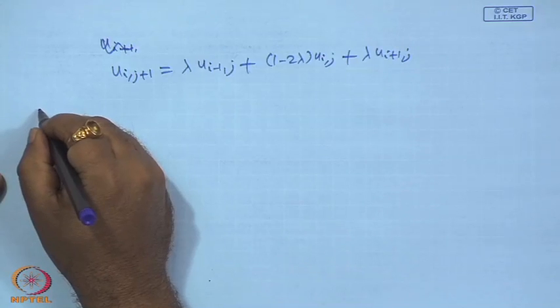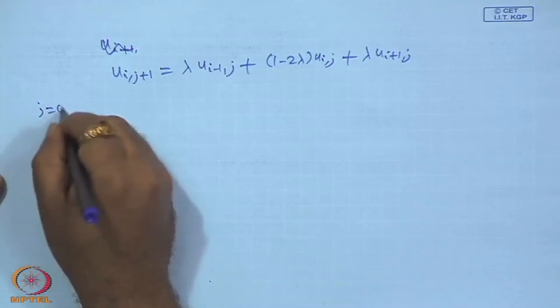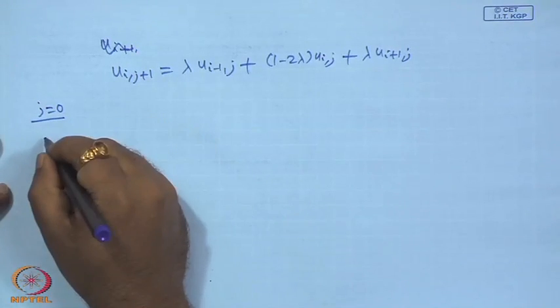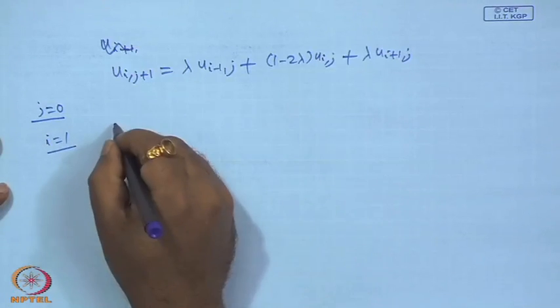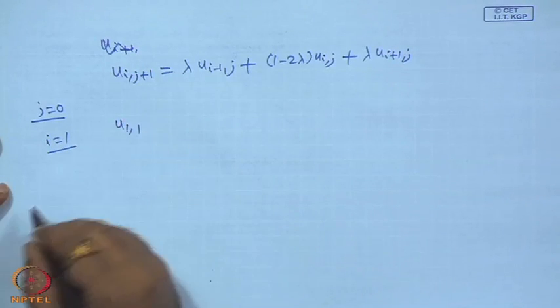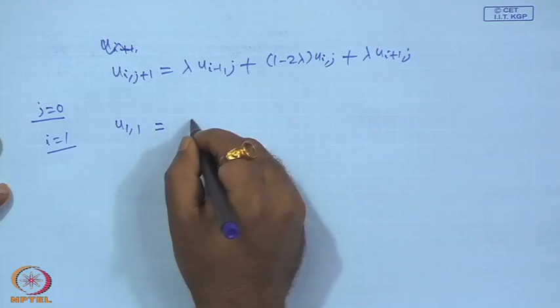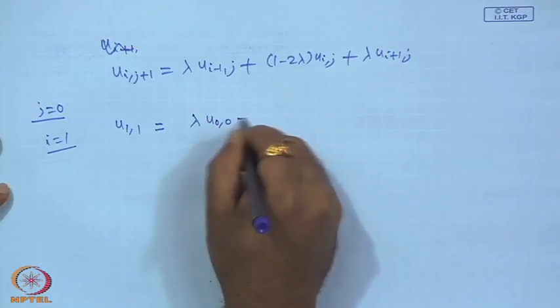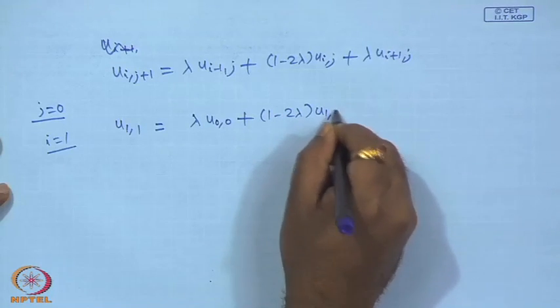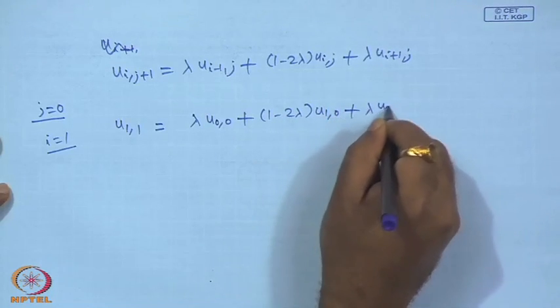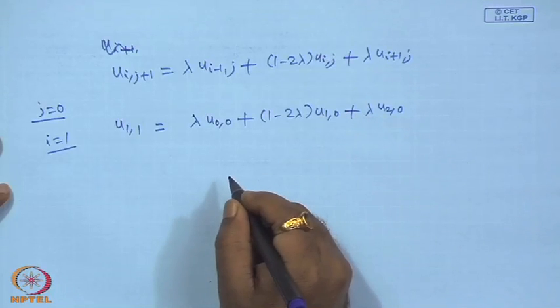Then put j equals to 0, I equals to 1, because we want to compute the solution. The first value will be this, lambda u 0 0, u 1 0, u 2 0.